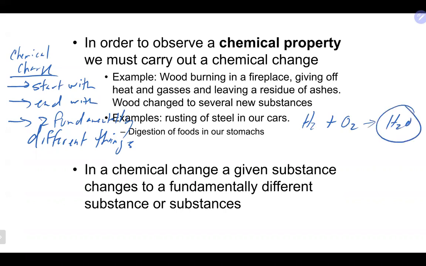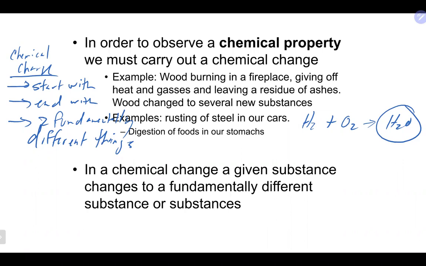You could boil it, you could freeze it, you can melt it if it's solid, but you will not get the hydrogen gas and oxygen gas back. Otherwise, when we would put water up on the stove to make pasta, there probably would be an explosion because you would have hydrogen gas and oxygen gas happening. So that doesn't happen. It has fundamentally changed to something different than what it started with, and we can't get back the original substances through any type of physical means.